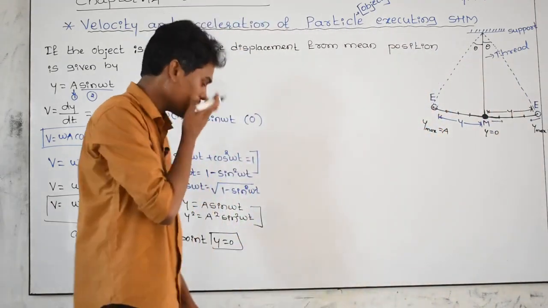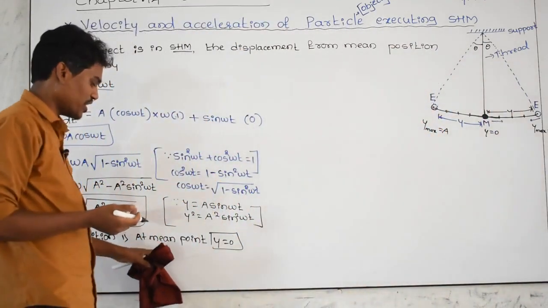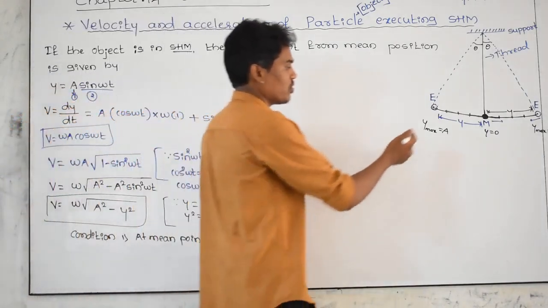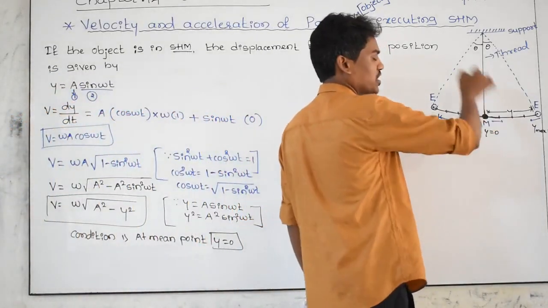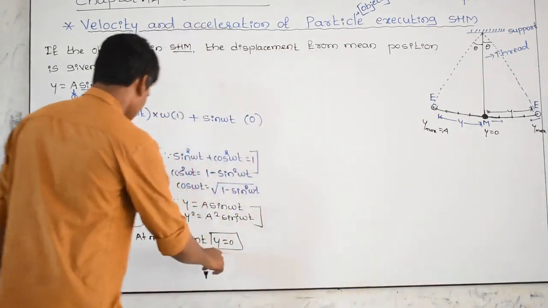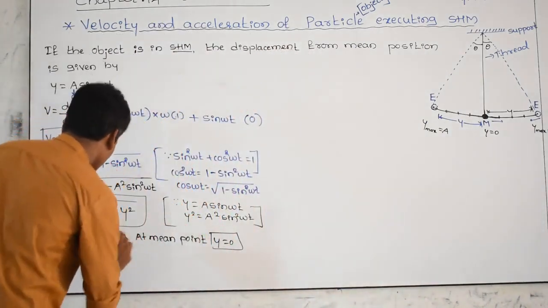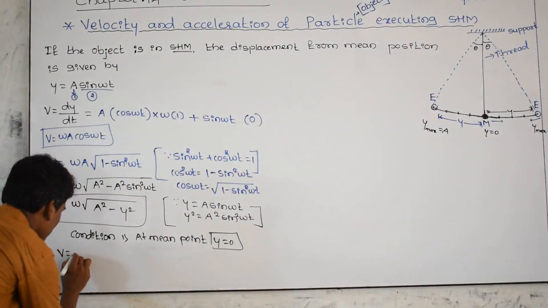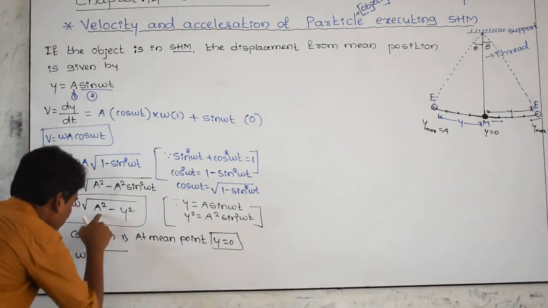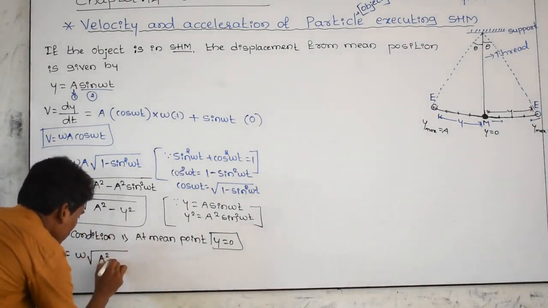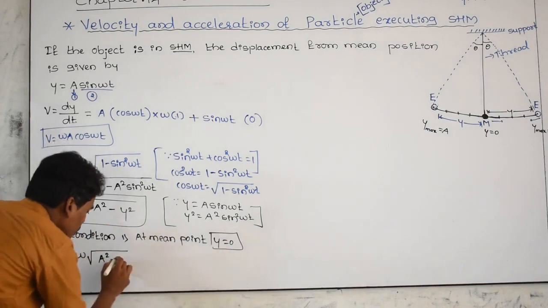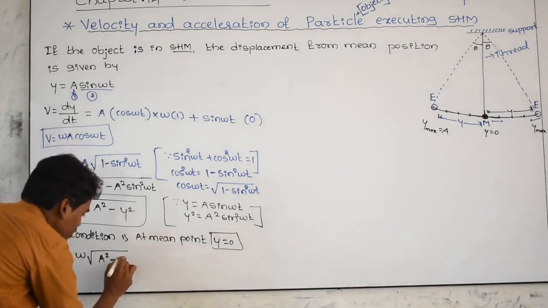At the mean point the displacement of the object is 0. Substitute here, then velocity is equal to omega root of a square minus y square, y is 0, so 0 square is 0.